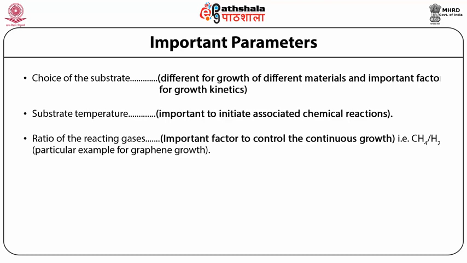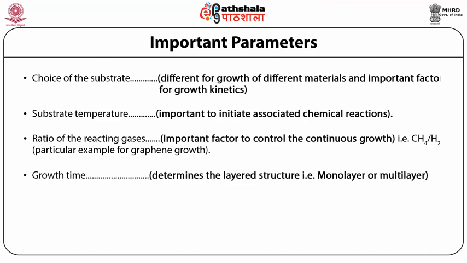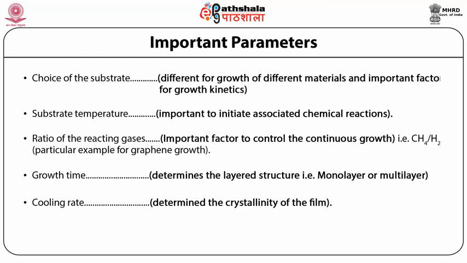It is an important factor to control the continuous growth, for example CH4/H2, a particular example for graphene growth. Next is the growth time. It determines the layered structure, that is, whether it is a monolayer or a multilayer. Lastly, we have the cooling rate, which determines the crystallinity of the film.